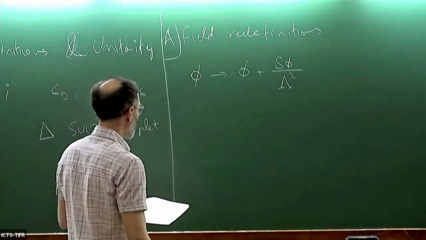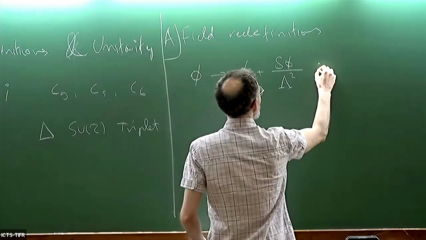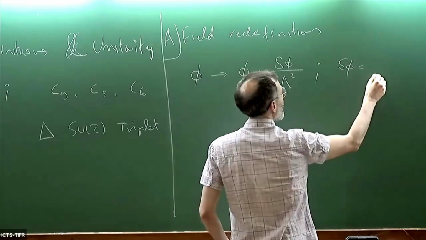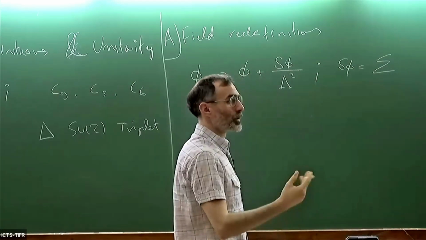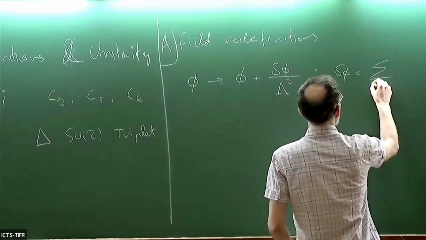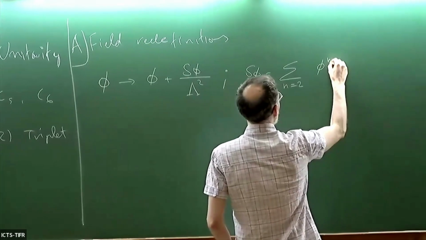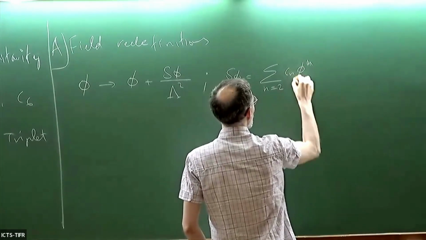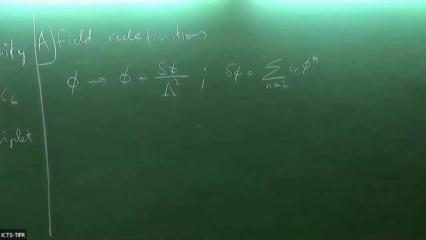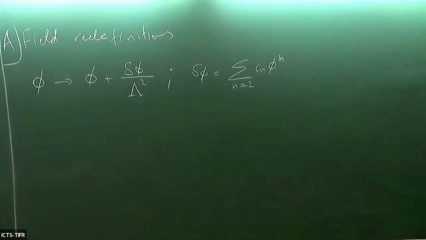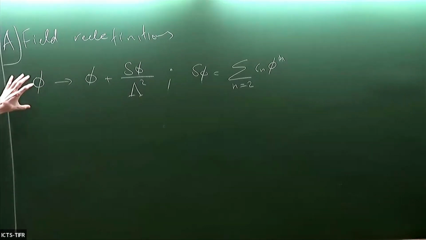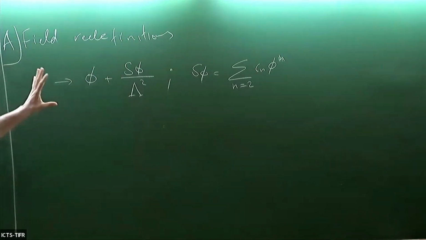The statement is that as long as this variation delta phi is a polynomial of arbitrary degree, but that starts at 2 powers of phi, with whatever coefficients, then you have that both the original and the transformed field, and again, I'm keeping up with the bad practices of physics, I call both the same phi, but you can think of this as phi prime if you want to. But you'll see that we do this because in the end it doesn't matter.